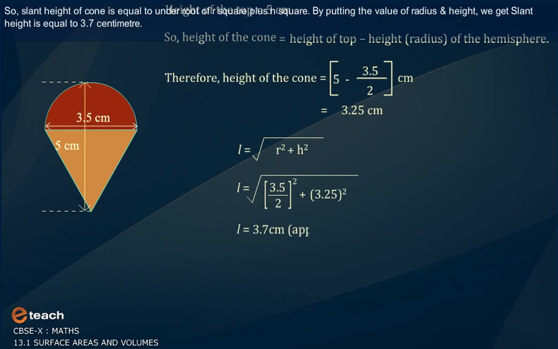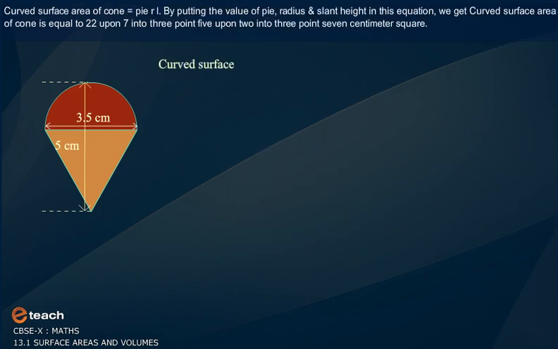By putting the value of radius and height, we get slant height is equal to 3.7 centimeters. Curved surface area of cone is equal to pi r L. By putting the value of pi, radius and slant height in this equation, we get curved surface area of cone is equal to 22 upon 7 into 3.5 upon 2 into 3.7 centimeters square.